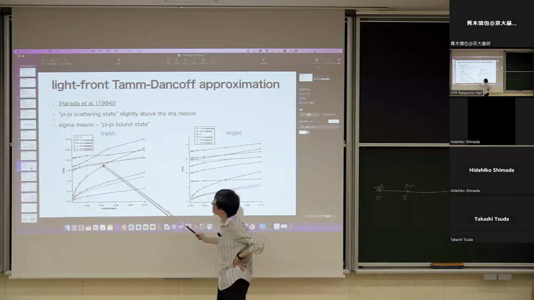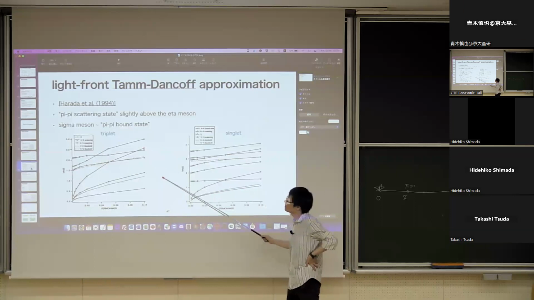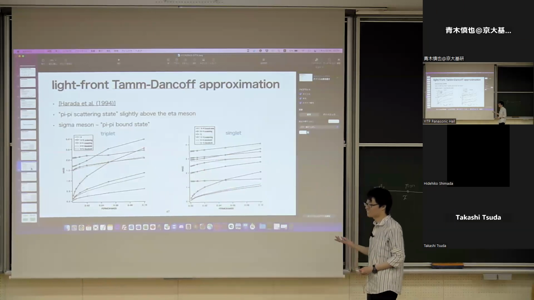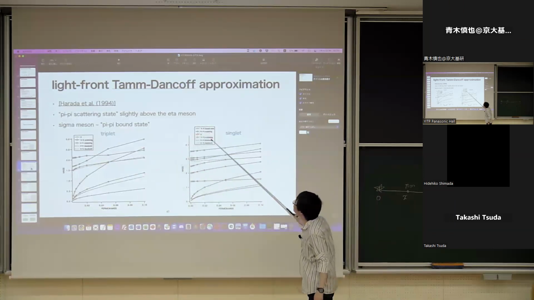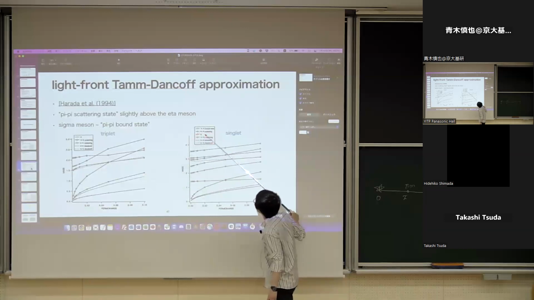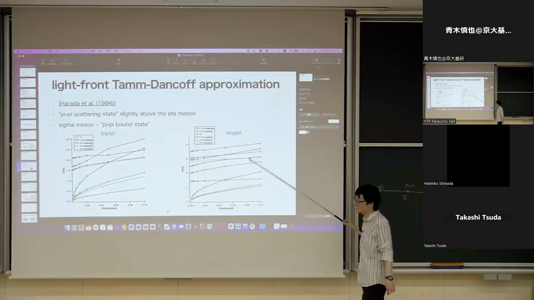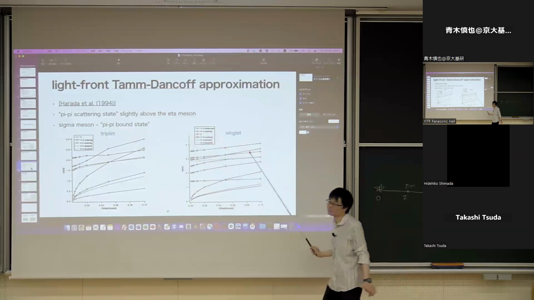There are some pi scattering states. I think a combination of two pions can be singlet as well as triplet. The triplet part appears here, and the singlet part appears somewhere else. So the scattering state splits into triplet and singlet.